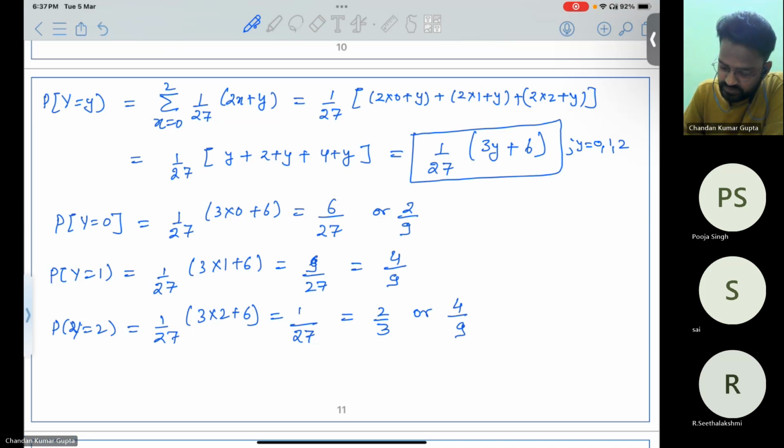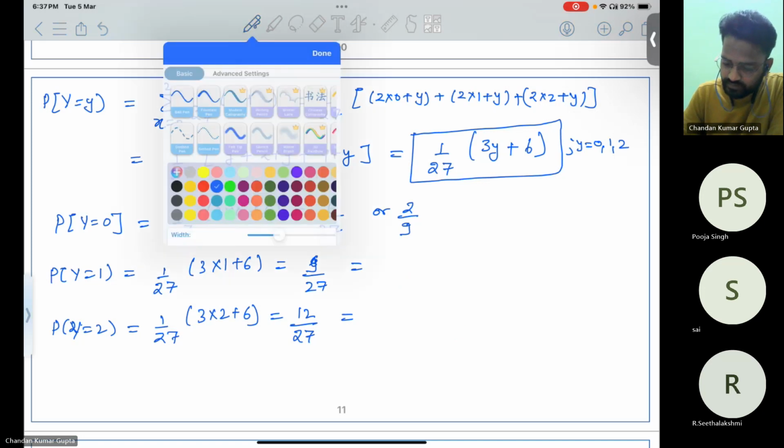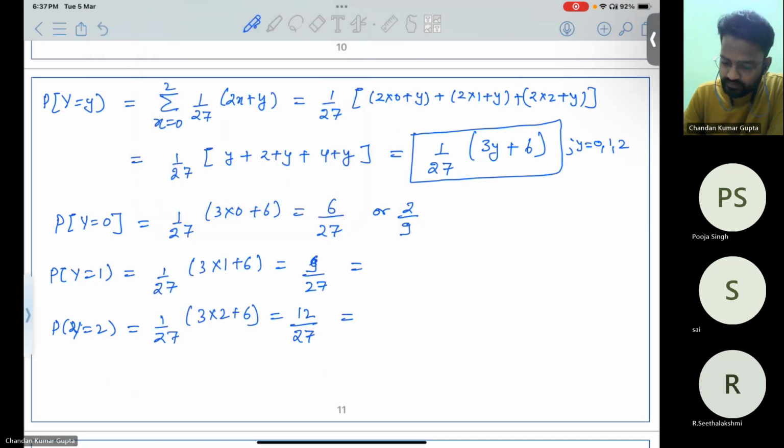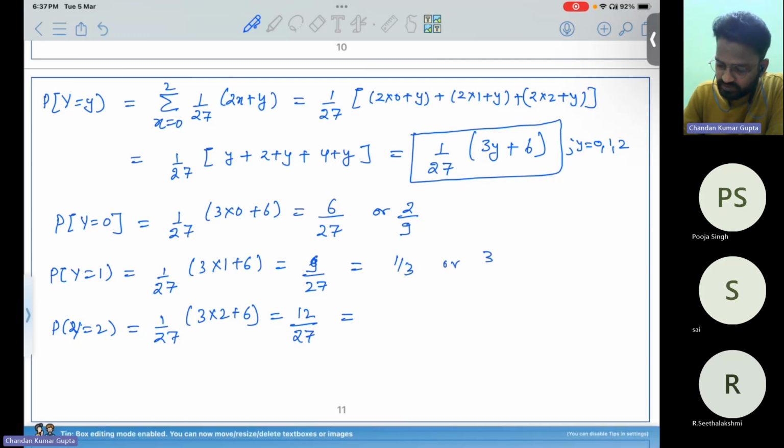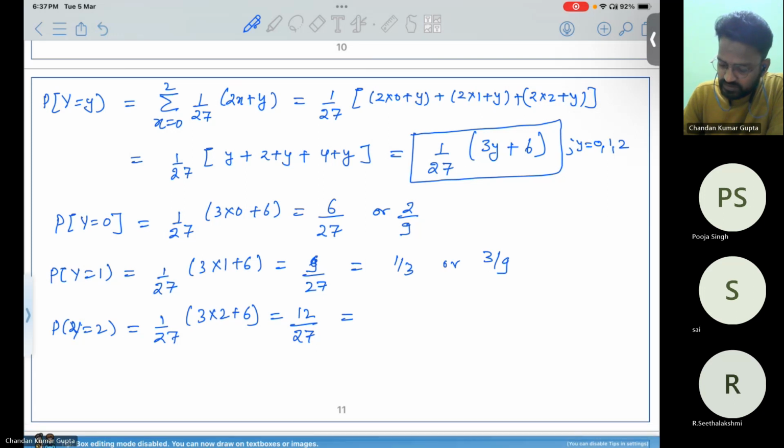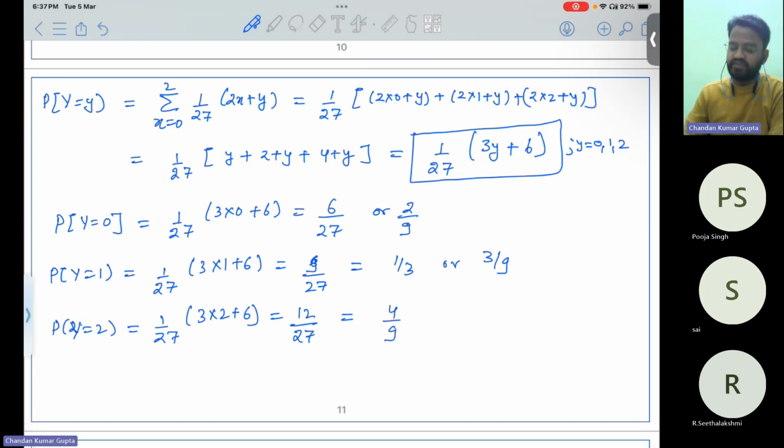And it is 12. So similarly, it is like 1 by 3 or 3 by 9. It is like 4 by 9. And the sum is also equal to 1.